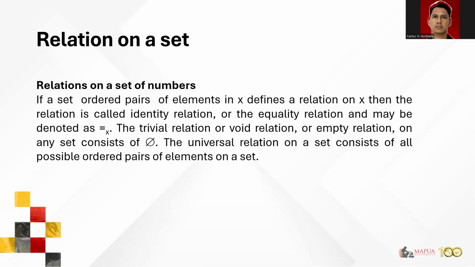Okay, so that means A comes from this set containing values of numbers. As I mentioned, for example, our set A comprises only values 1, 3, 5, 7, and 9. Okay, and then from there we form a relation.